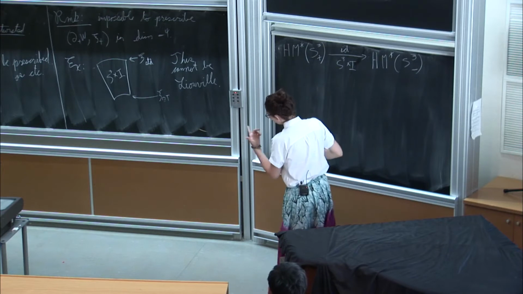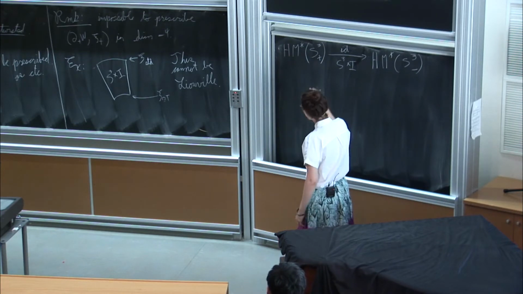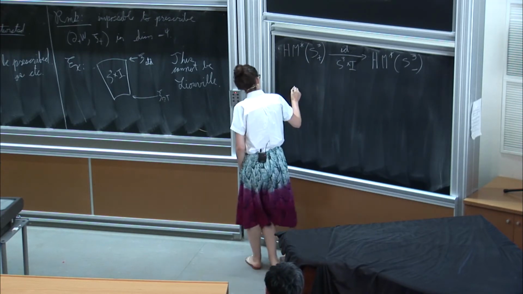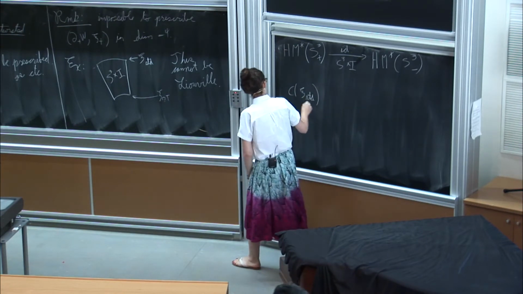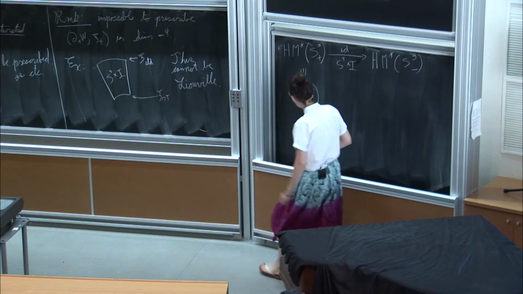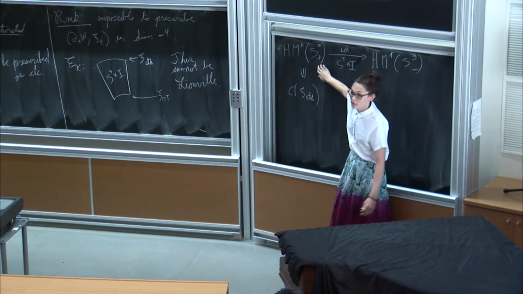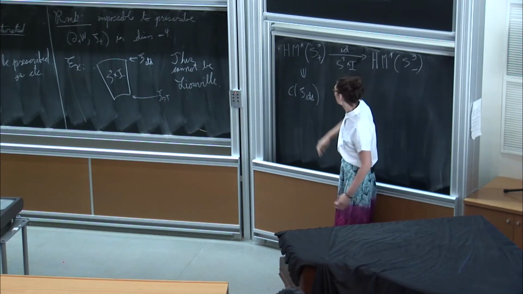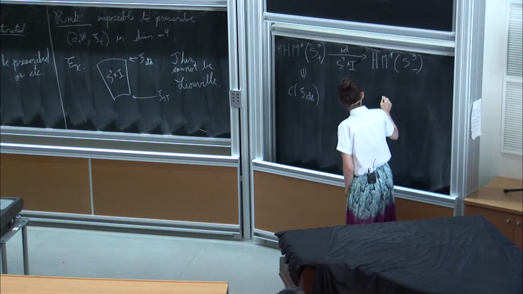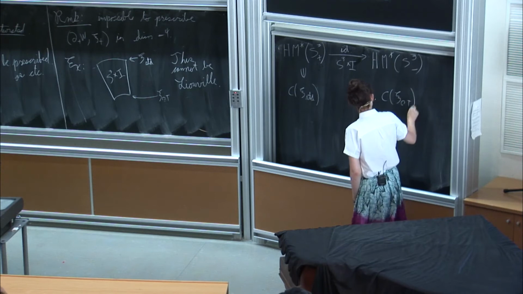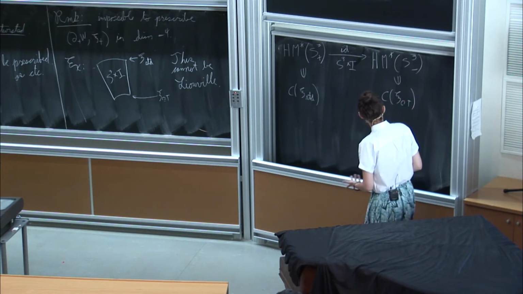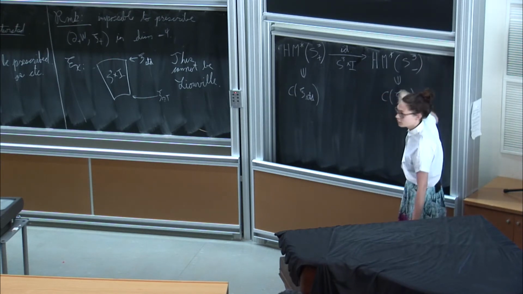But now, the way this interplays with contact geometry is I have some contact element defined by the contact structure, which is an element of this group. And similarly, there's a contact element here.